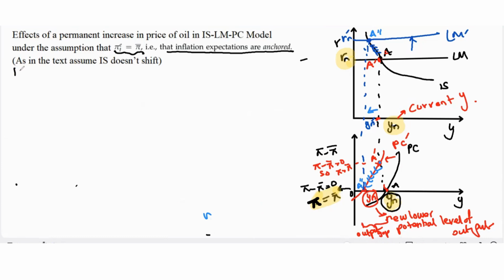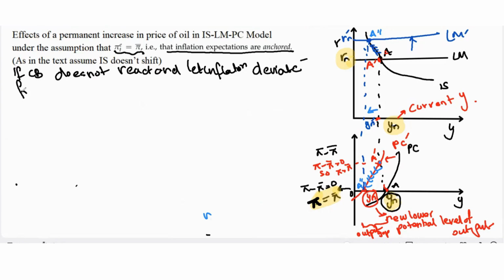Just keep in mind, if the central bank does not react and lets inflation deviate from target for too long, inflation expectations will de-anchor, right?